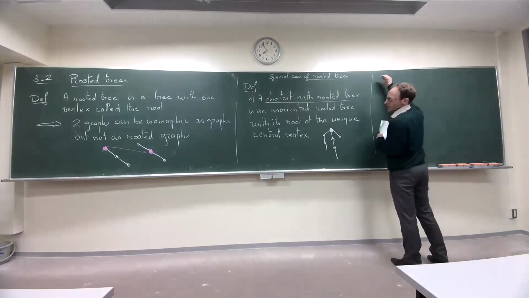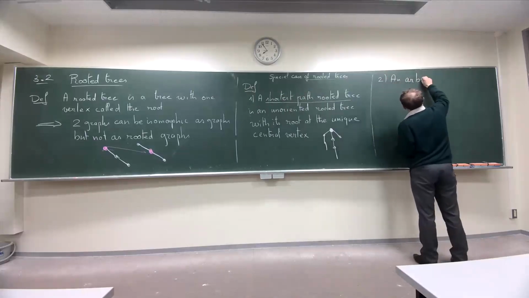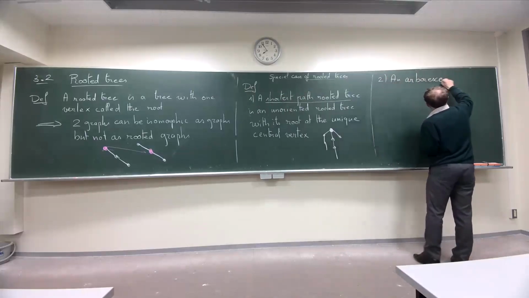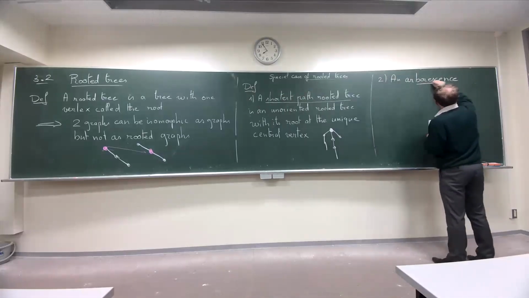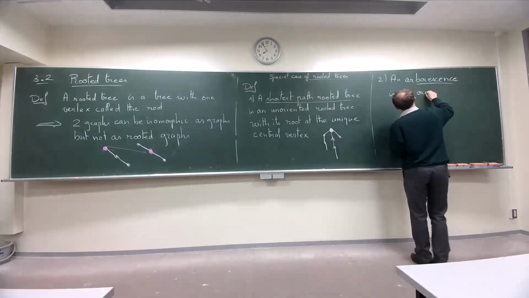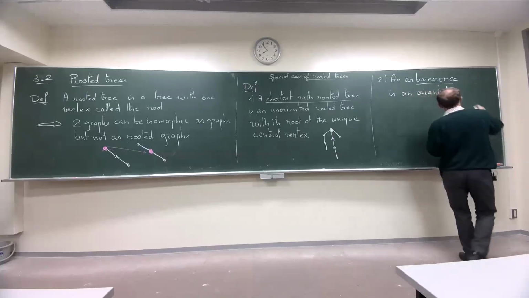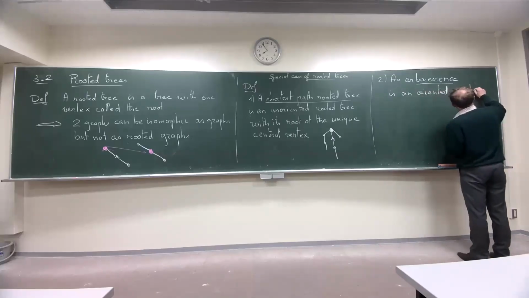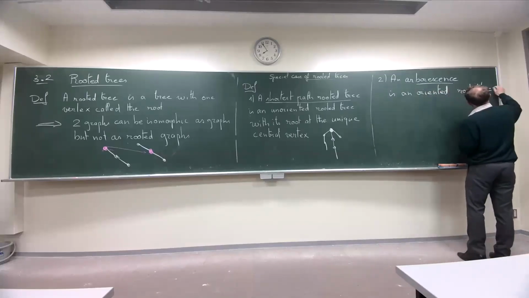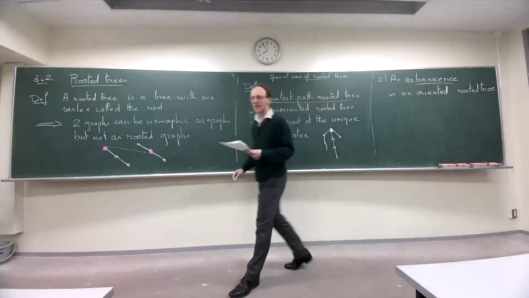What is an arborescence? Arborescence. By the way, this is a nice French word. It's an oriented rooted tree. Can you guess what is arborescence with such a nice word? Can you guess what it is?